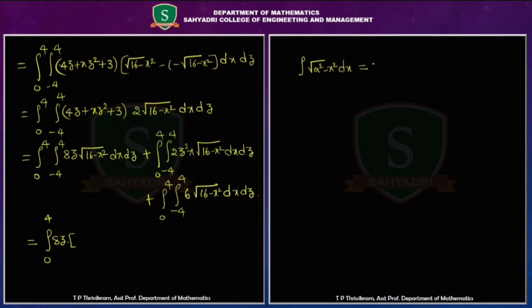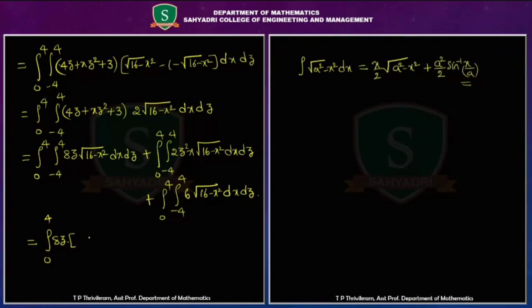So this integral value is x by 2 root a square minus x square plus a square by 2 sine inverse x by a. So this is the formula for the integral of root a square minus x square dx. So we are going to apply the same formula here.